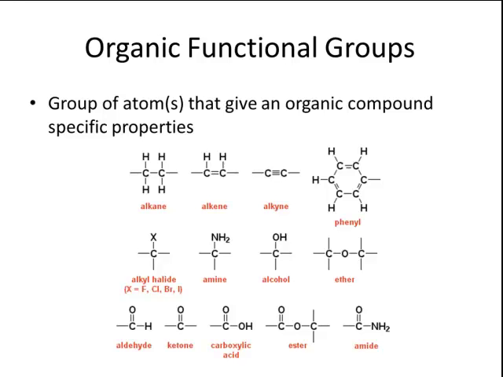Each has its own characteristic group of atoms that gives the compound specific properties. For example, an amine contains a nitrogen in its functional group, and these compounds often have properties of bases, whereas a carboxylic acid contains COOH on the end of the compound and has acidic properties.